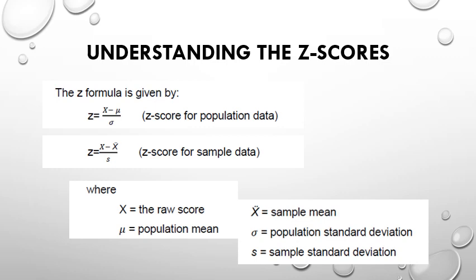Then, we have the X nga gi-tuldok-tuldok sa taas. That is the symbol for the sample mean. So, that is for the formula of the sample data. Then, you have there the population standard deviation and the sample standard deviation. Okay? So, mao ni atong gamiton nga mga formula if we will convert a raw score to z-score.